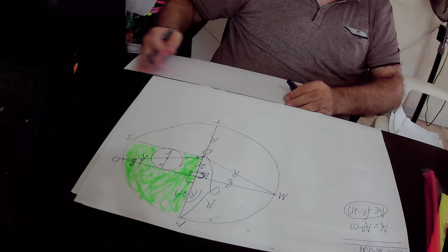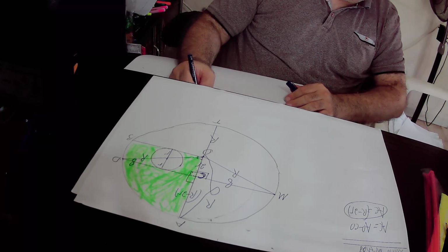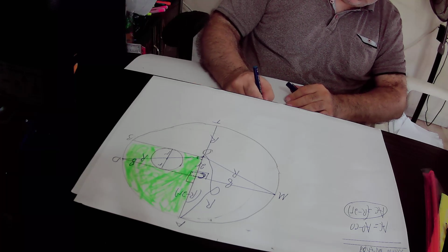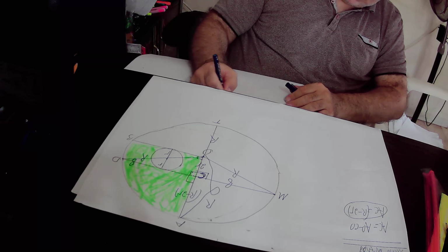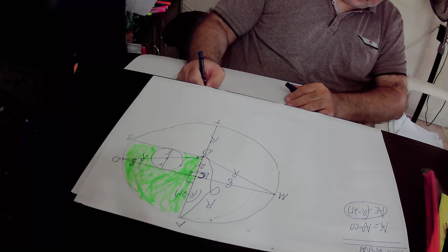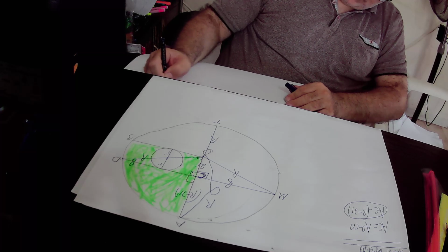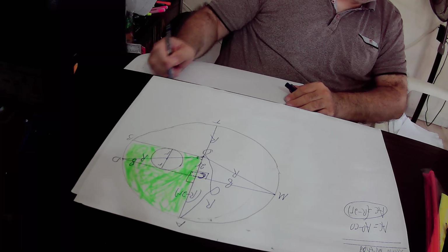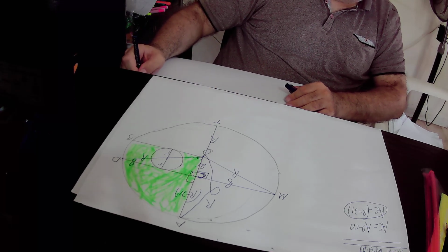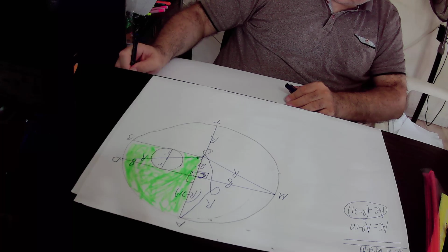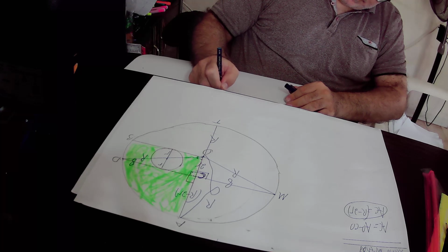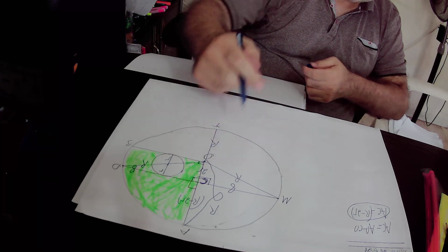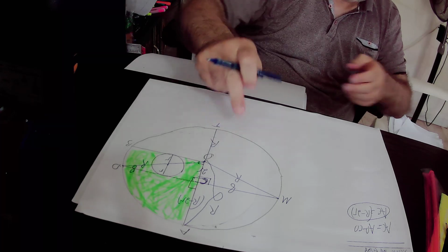In our drawing, we have chord AT that intersects with chord MD at point C. Point C is the intersection point of chord AT with chord MD.